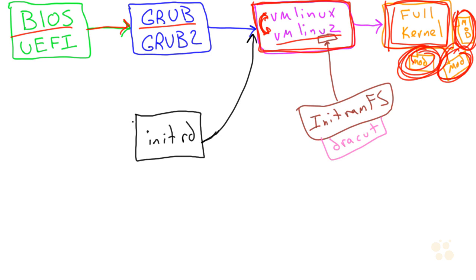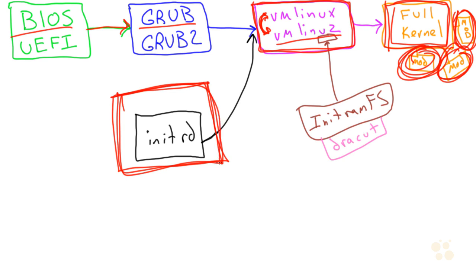Well, that's where initrd or init RAM disk comes into play. This is just enough information, like module information and driver information, to be able to have the Linux kernel access the file system so that it can get to its modules.